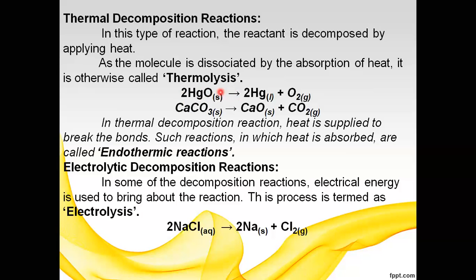Why are we putting heat? Because the compound HgO is heated. When heated, it is divided into two substances, that is 2Hg plus O2. So another example is CaCO3, that is calcium carbonate. The calcium carbonate is heated.